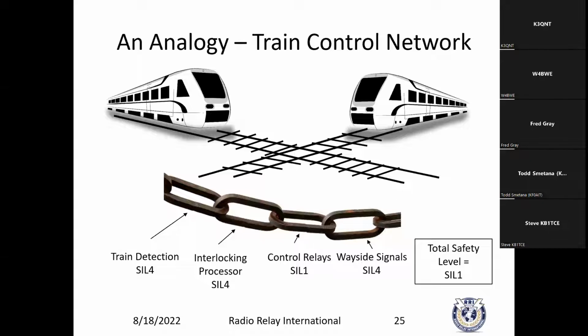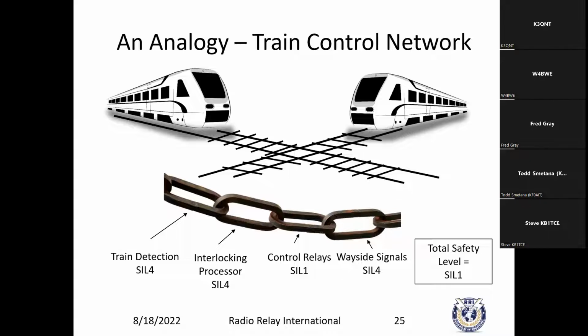You might have certain interlocking processors that prevent 2 trains from colliding, say at a crossover or something of that nature. You have specialized relays and other devices, and you may have wayside signals that signal the train driver or locomotive engineer to stop or proceed at restricted speed, etc.